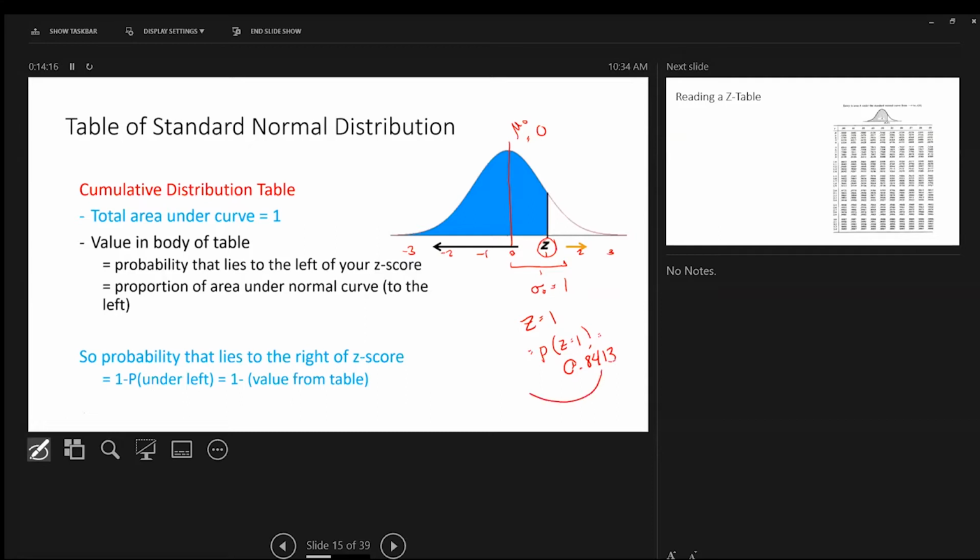That's the area here. This blue area is 84.13% of the area underneath of that curve. If I want to know what the area over here is, it's 1 minus that. 1 minus 0.8413. That's the probability in this white area. That's the proportion of area under the curve in that white area.